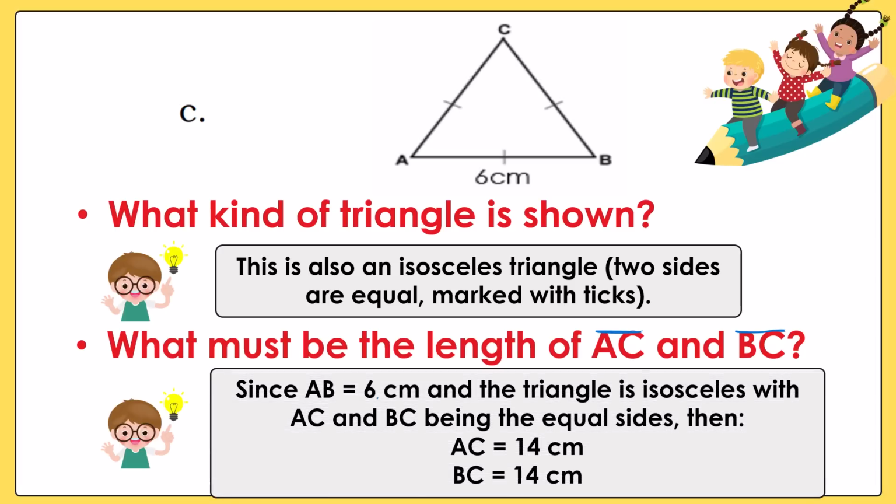The answer: since side AB is equal to 6 centimeters and the triangle is isosceles with side AC and side BC being the equal sides, then side AC is equal to 14 centimeters and side BC is also equal to 14 centimeters.